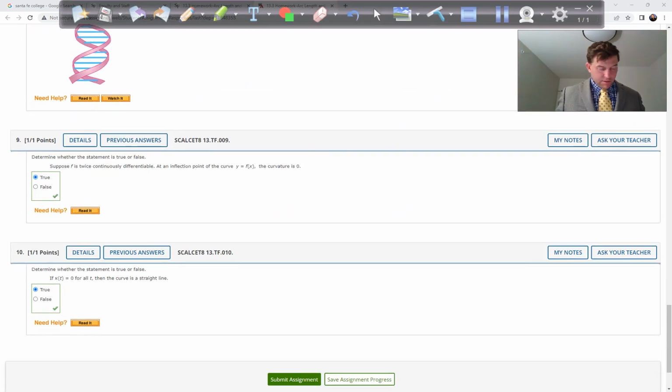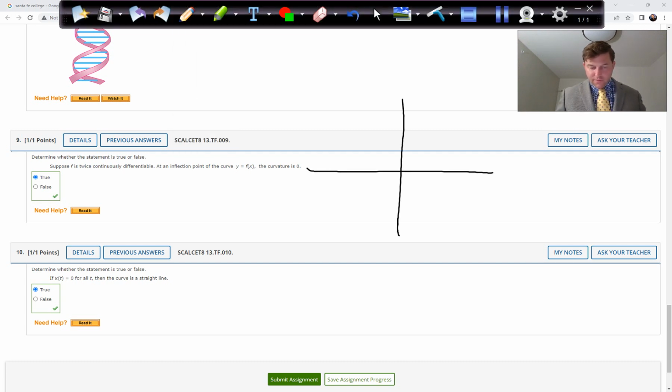Okay, a couple true false, those are always nice. Suppose f is twice continuously differentiable. At an inflection point of the curve y equals f(x), the curvature is 0. So an inflection point occurs when the graph goes from concave down to concave up. So this right here is called an inflection point.